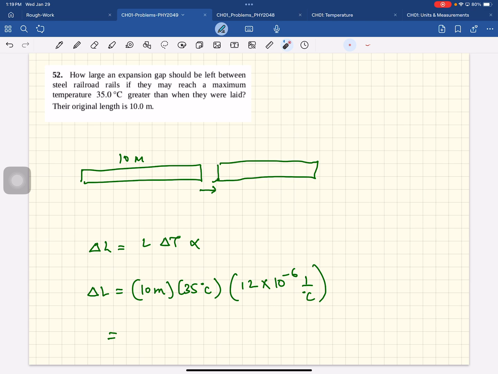So this would be 3.5 times 1.2 times 10 to the minus 3 meters, which is 4.2 millimeters. That's about half a centimeter of gap.